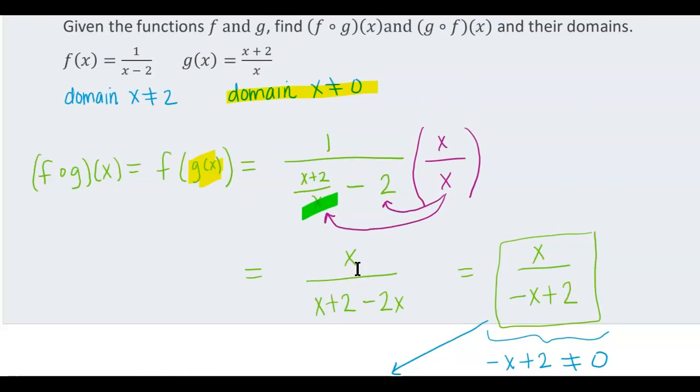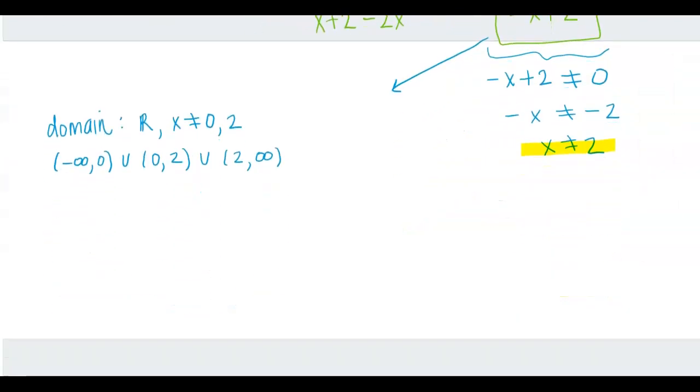Okay, let's go back, and now we're going to do the second composition. We're going to look at g of f of x.